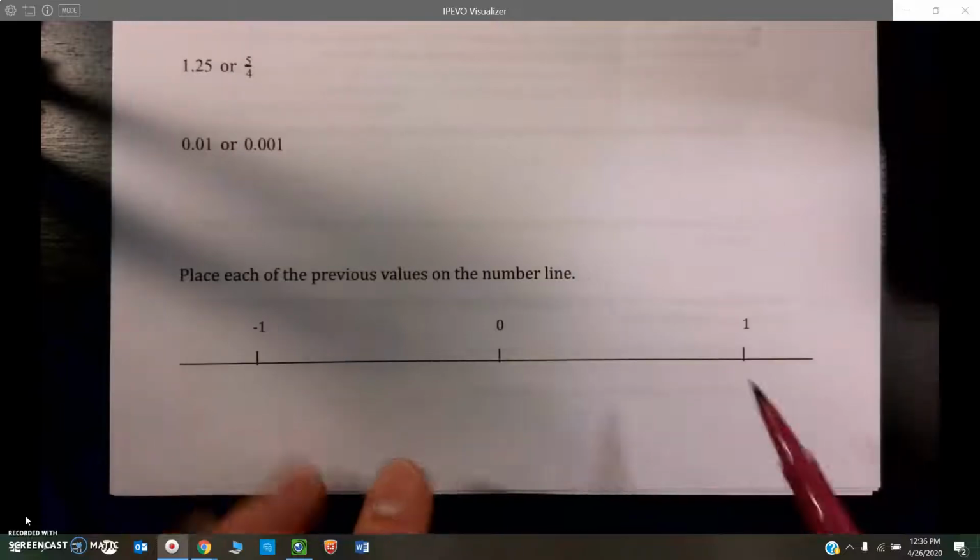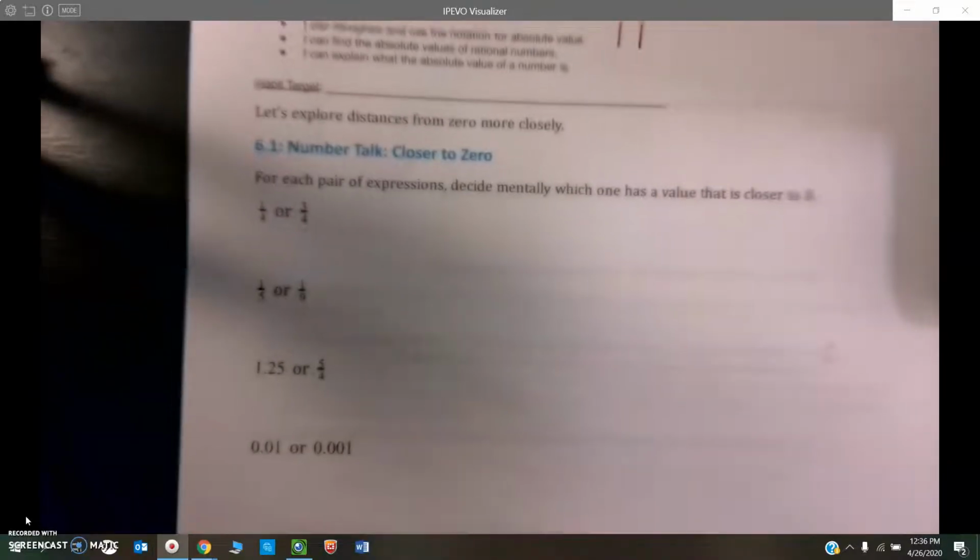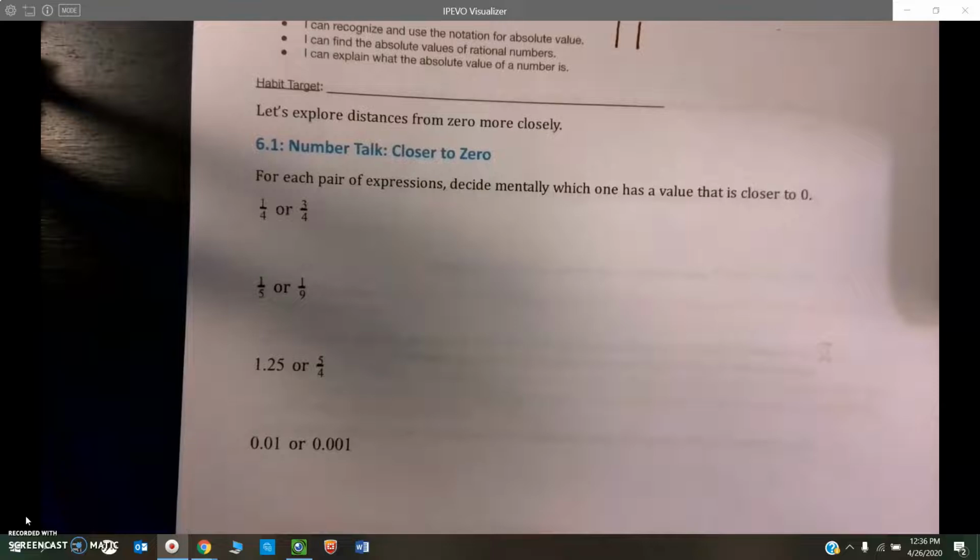Once again, to orient us, we have a number line down here. A lot of these numbers are fractions and decimals. For the most part, these numbers are actually below 1, with the exception of this problem.